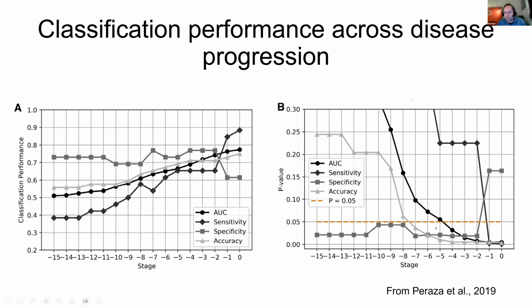And so this indicates that yes, indeed, there are certain signature changes in the brains of people with Alzheimer's disease, most likely before current diagnosis is possible.